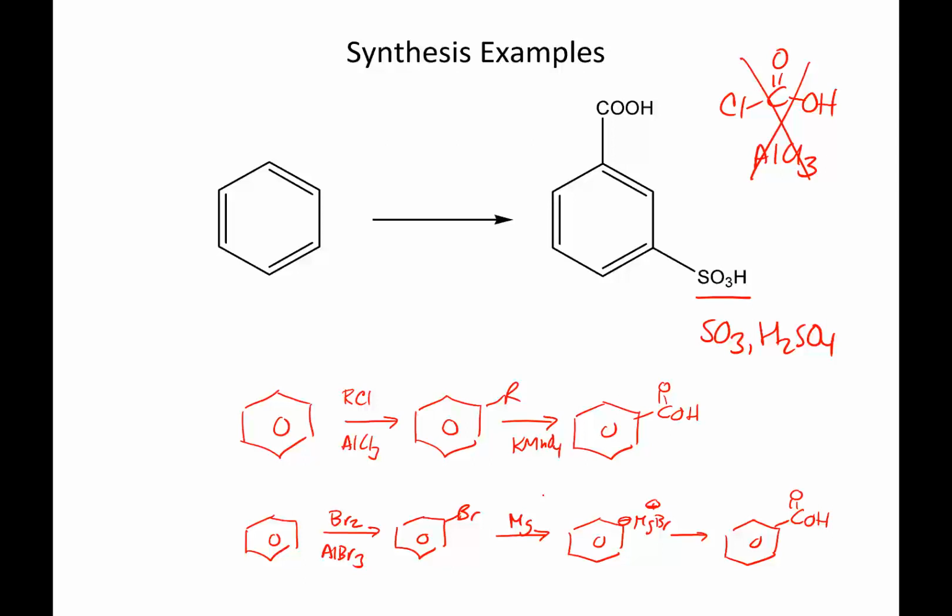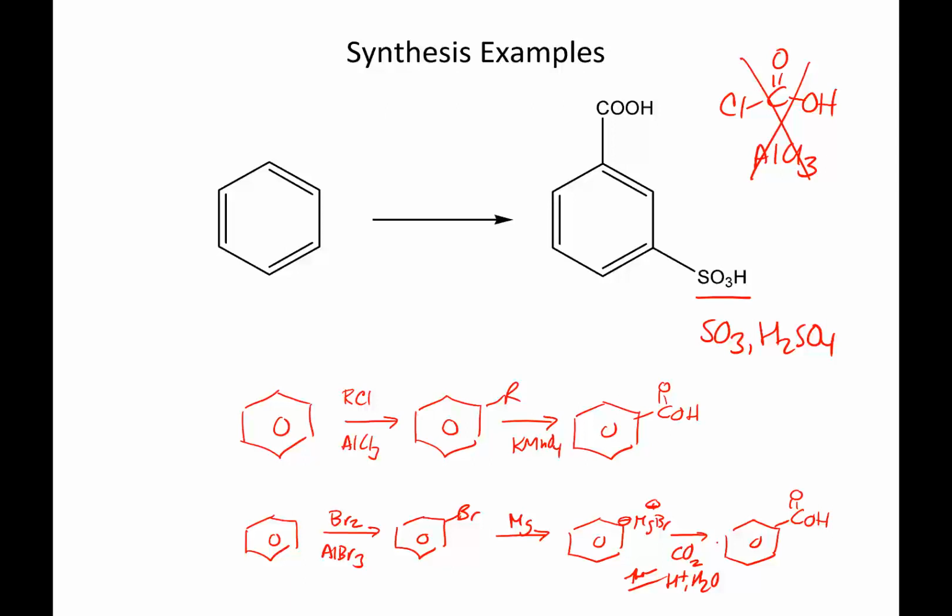Need help? Melanie? CO2. CO2 and then H plus H2O. That's the toughest one to remember. So Grignards plus CO2 and then H plus H2O gives you the carboxylic acid.